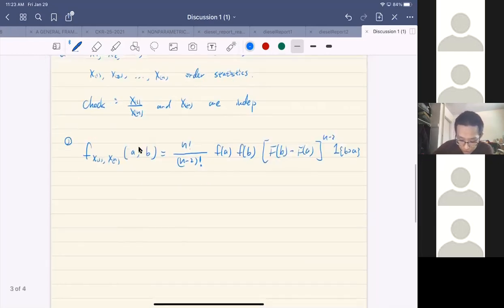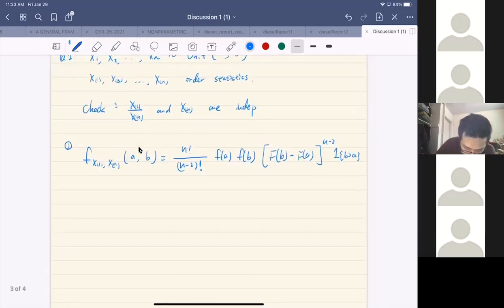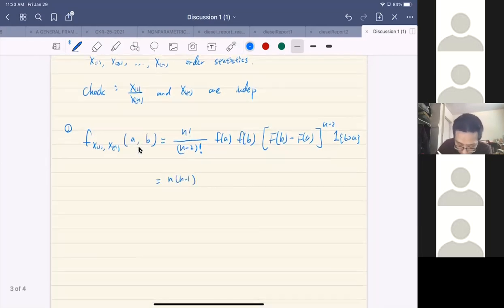And now we plug in the density. So this is n minus 1. The density of F is 1 over theta, with indicator function a greater than 0, smaller than theta. b is the same.